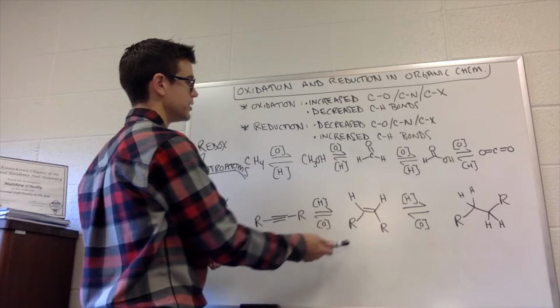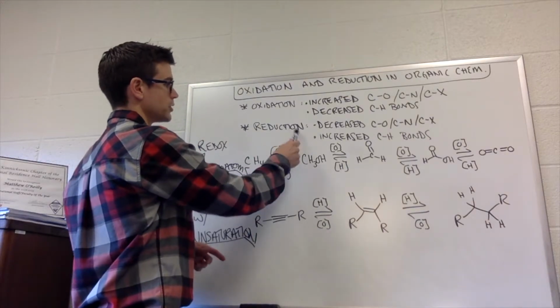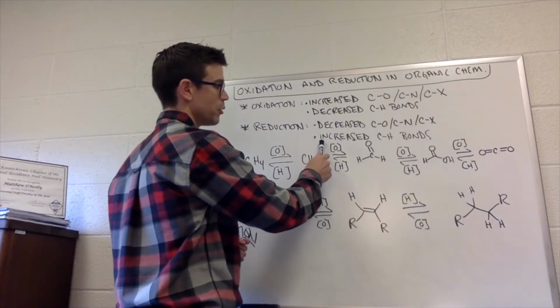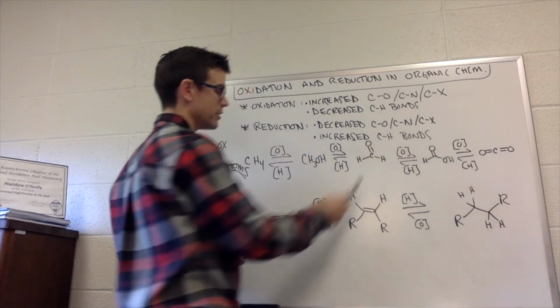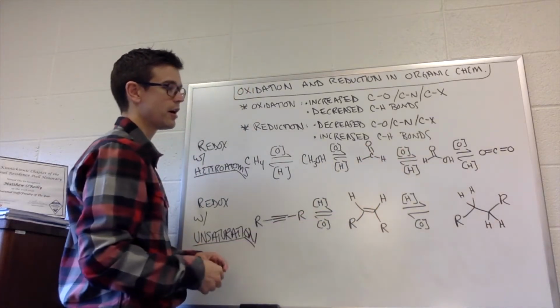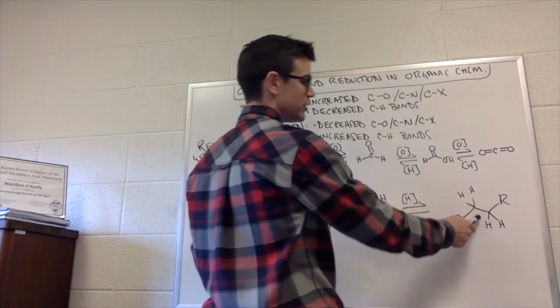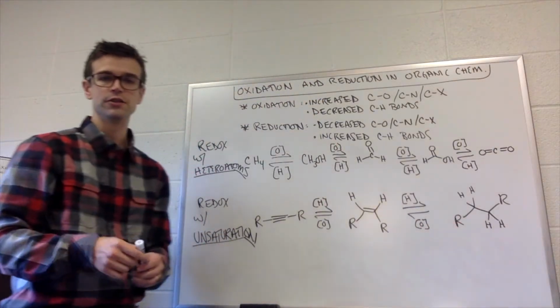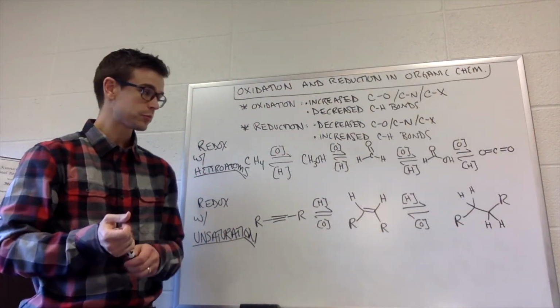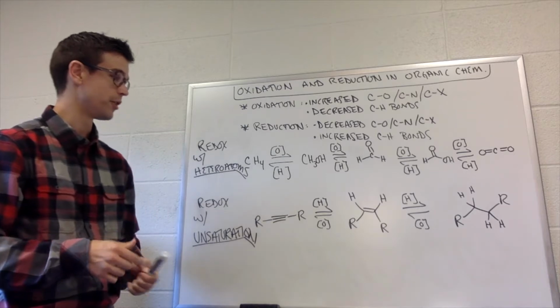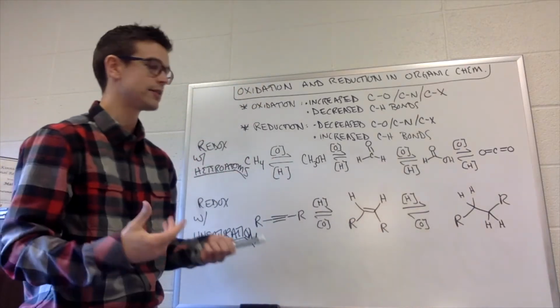We added 2 hydrogens. And what is reduction characterized by? The second point is an increased number of CH bonds. So we reduced it there. When we add 2 more hydrogens to it, we've fully reduced it to the alkane.